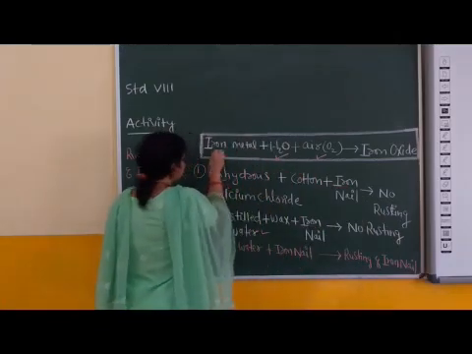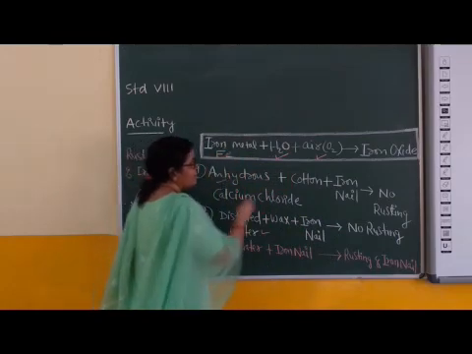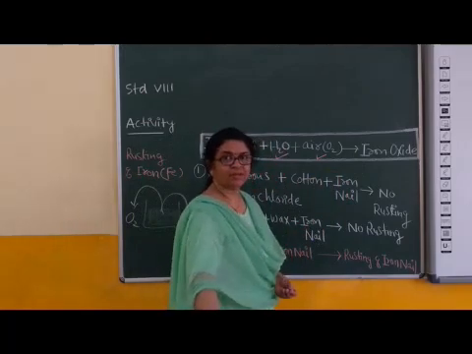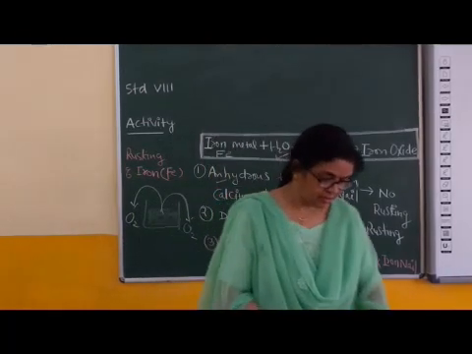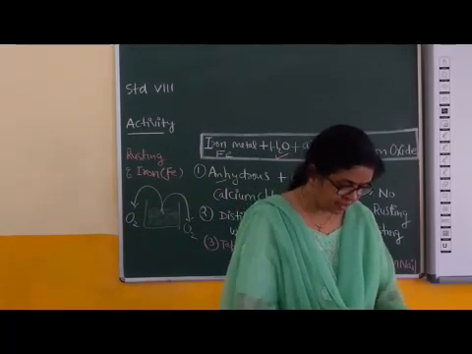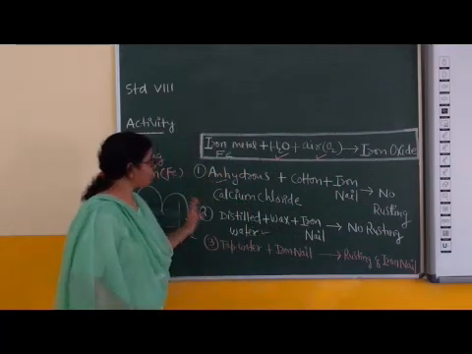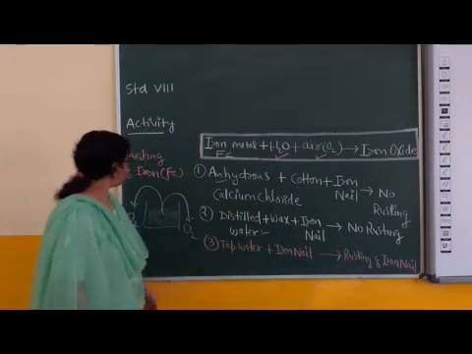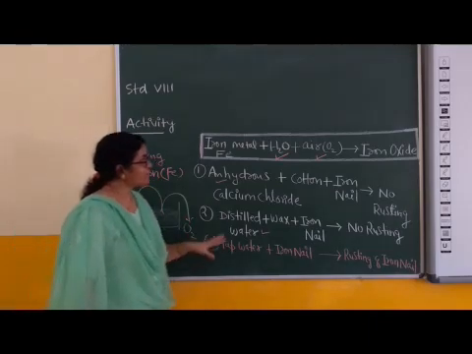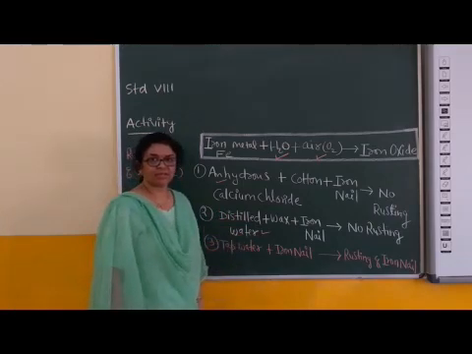Before rusting, this one is only Fe, and after rusting, the formula is Fe2O3, which appears in brown color. Okay, children, in this way we can confirm by proper experimental setup whether that particular process is possible or not. Here the process is rusting. Rusting is possible when all conditions are available which support the process of corrosion. Okay, children.